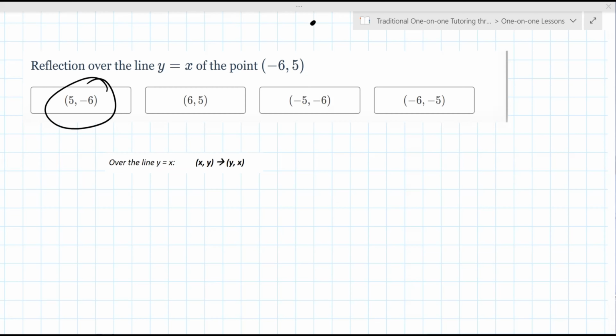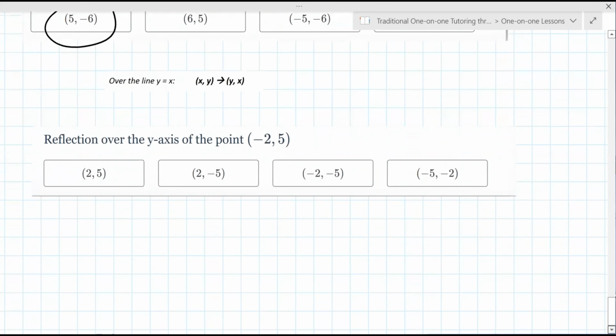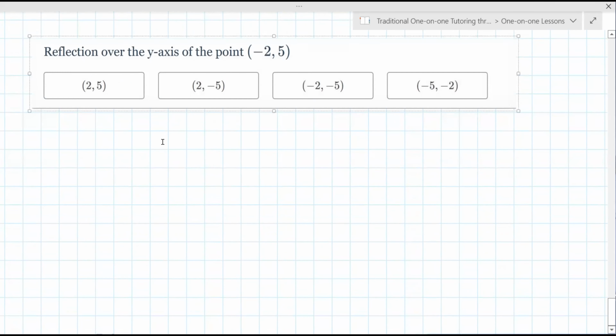Okay, new one here. All right, so this one you're reflecting over the y-axis. If you need the formula, I can snip that in.